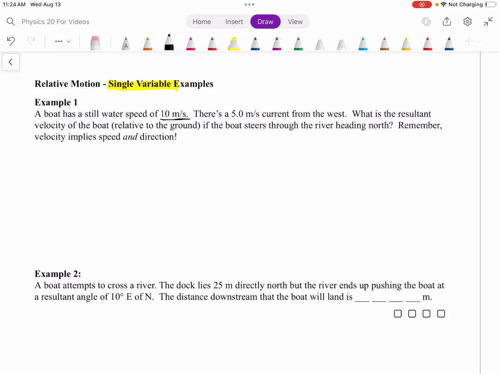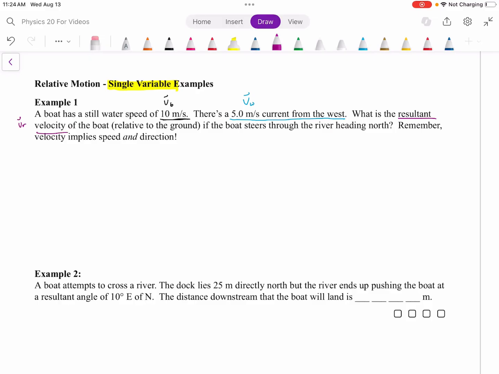If the water's also moving, we'll have to add the water's velocity to it in order to figure out its resultant overall velocity, but that's how fast the boat can move through the water. So that's V boat. That's the velocity it's going to be aiming with. There is a 5 meter per second current from the west. So that's the velocity of our water.